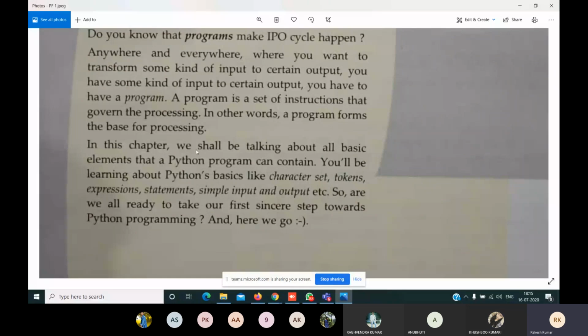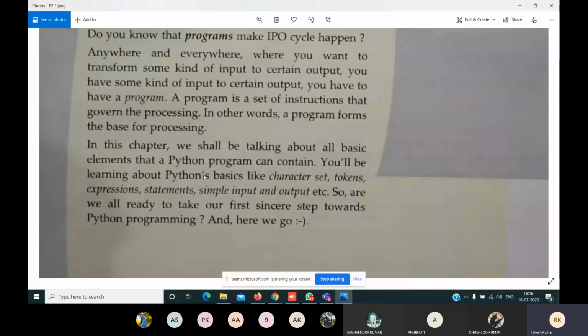So in this chapter, we shall be talking about all the basic elements that Python programs can contain. What do we have to study in this chapter? The elements of Python programs, the statements, how to form statements. If you want to write an English sentence or a Hindi sentence, first of all you know the matras. If you want to write in English, you know ABCD, then grammar, then word meanings, and then you form sentences.